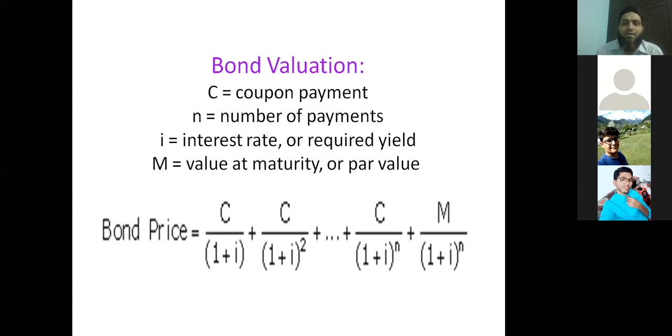So 1 plus 0.07. Whatever amount you get in the second year, that amount you will write over 1.07 squared. Whatever amount you get in the third year, you will write over 1.07 power 3.